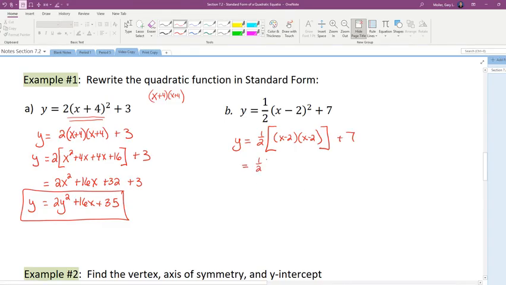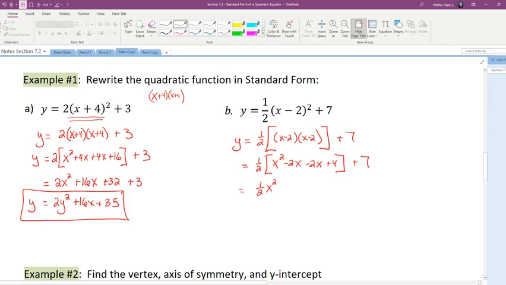So I have 1/2 times x squared minus 2x minus 2x plus 4, and I have my plus 7. Distribute, I get 1/2 x squared.